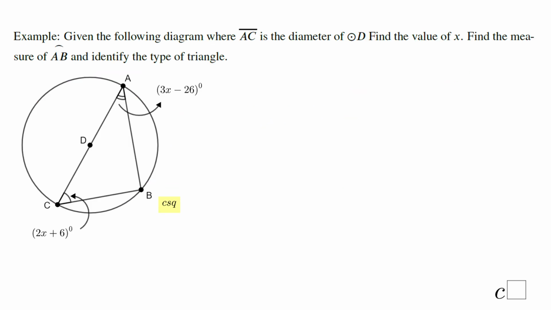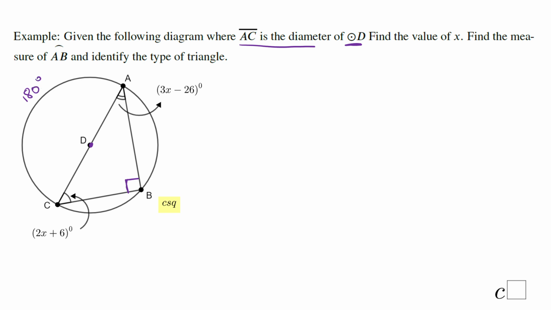My next problem will have this inscribed triangle, but I want you to take a look at this inscribed triangle, because it says here AC is the diameter. And also we can see this is the center of the circle D, so that is the diameter. That means this angle here should be 90 degrees, because this arc here is 180, right?